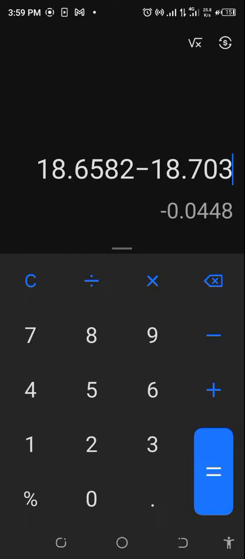We had to leave $1.58 in MEXC. Now we got it, and then we were able to sell 18.65. All right, and then we were able to get it over. We're only able to get 18.65 over, which gave us 18.703. So we were only able to make 4 cents, 4.5 cents, thereabouts.